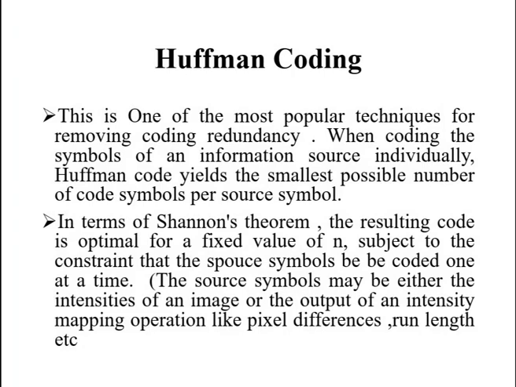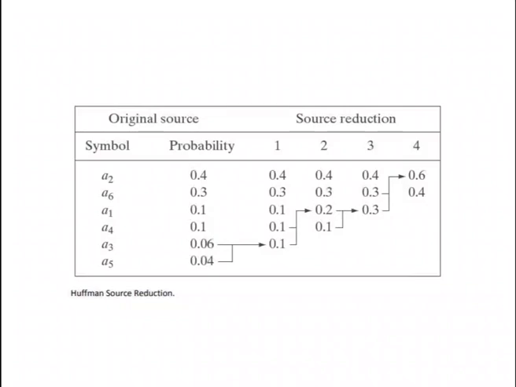As the reduced source symbol with probability 0.6 was generated by combining two symbols in the reduced source to its left, the 0 used to code it is now assigned to both of these symbols, and a 0 and 1 are arbitrarily appended to each to distinguish them from each other.